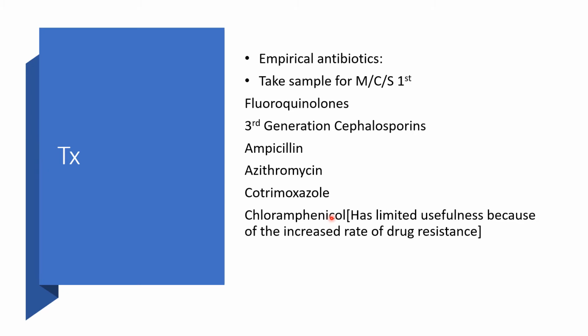As a matter of fact, I will talk more about this in a bit. Chloramphenicol has limited usefulness. Why that? There is now increased rate of drug resistance to chloramphenicol.